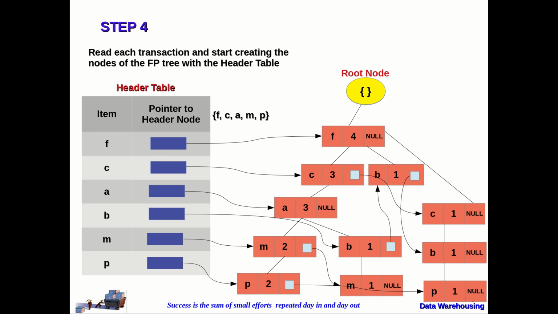So to be more precise, the FP tree will be decomposed into smaller FP trees to derive the frequent patterns of the given database. So that is what we are going to do in phase 2.